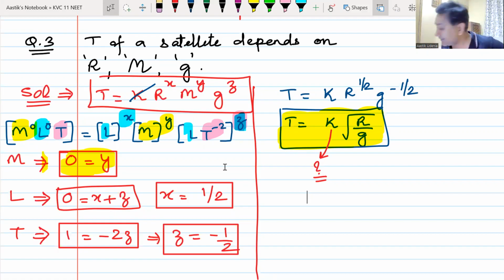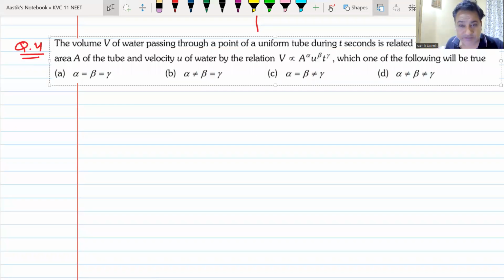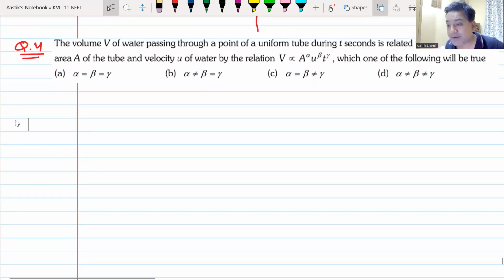And remember, this is how questions are framed in the exam. Questions may look language wise a bit different, but trust me, my dear friends, they have to be done in the same way. This is the question that you are going to do for your homework in the next class.